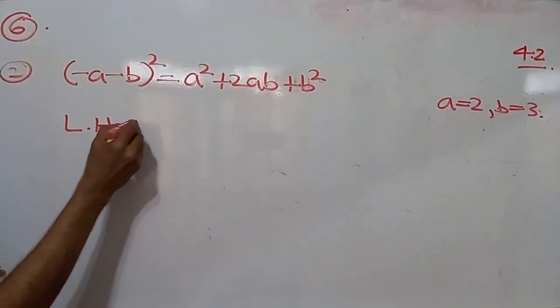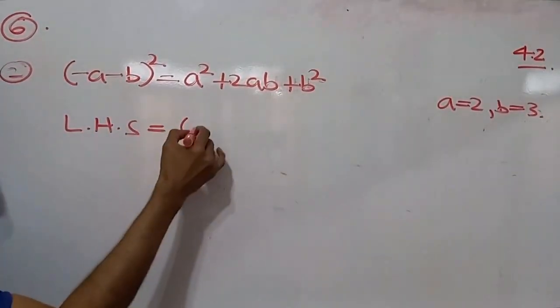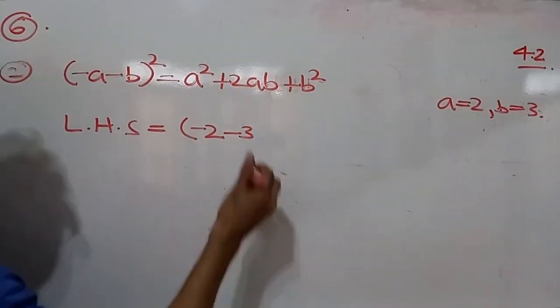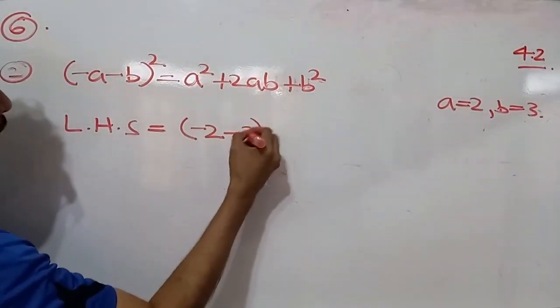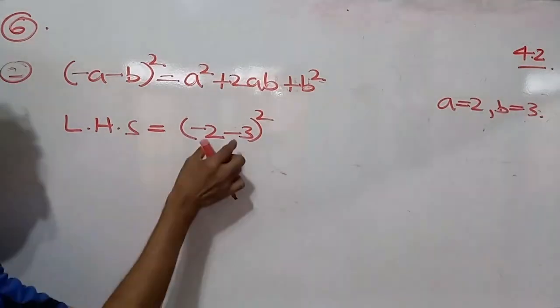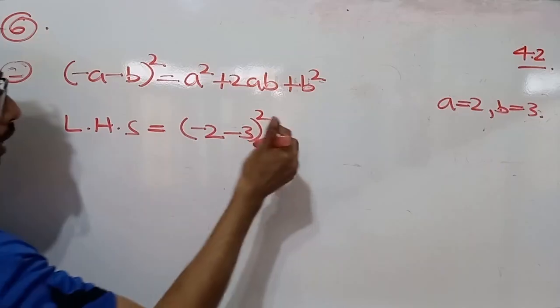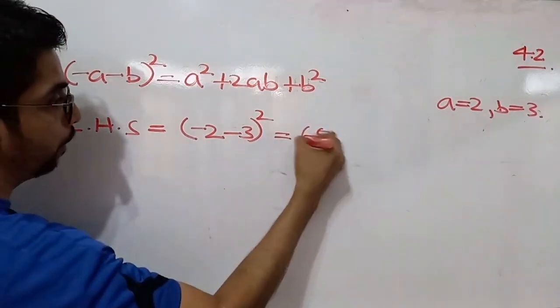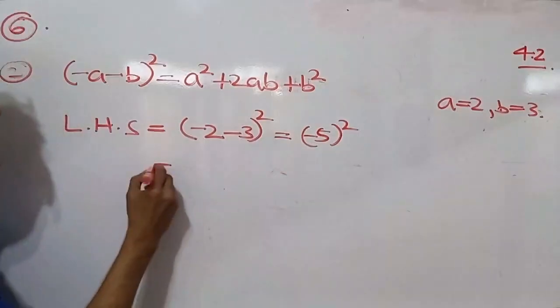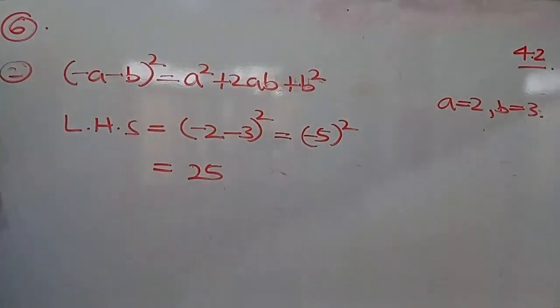Left hand side: negative 2, negative 3, whole thing squared. Negative 2, negative 3 is negative 5, squared is positive 25. So the left hand side is positive 25.